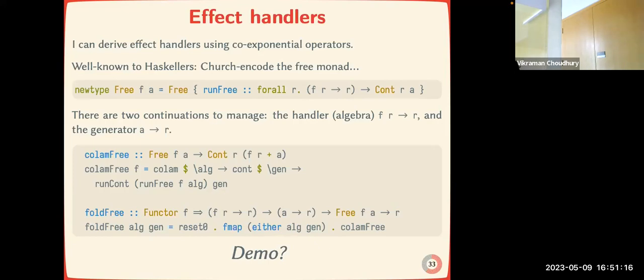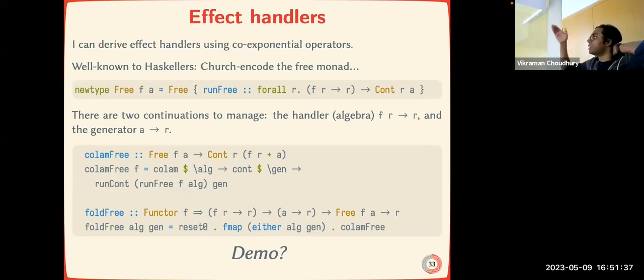And when you do colam free, you are going from free F A to Cont R of F R plus A. Okay? And this is colam, which gives you the F algebra and generator, and then you just push the handler inside the continuation monad.